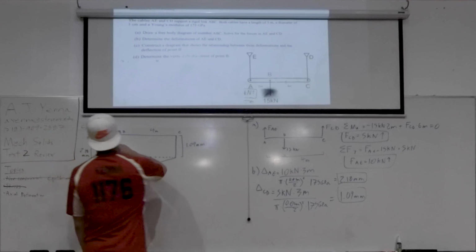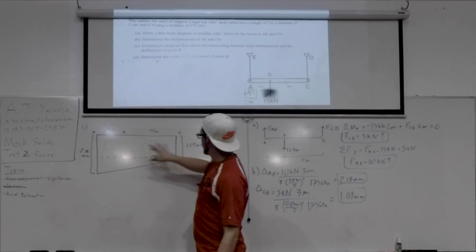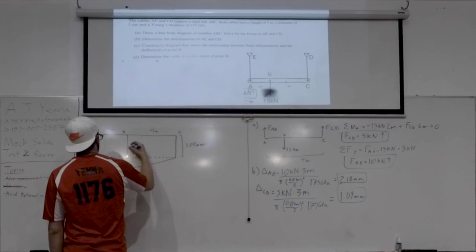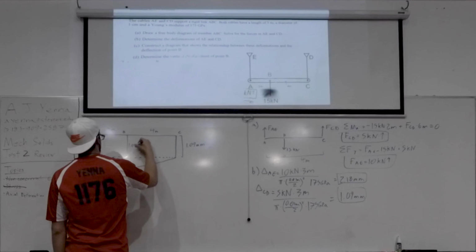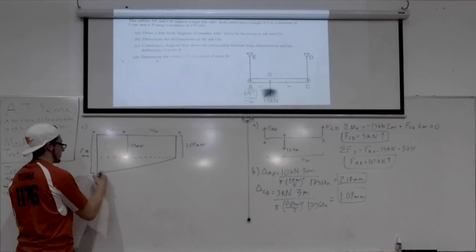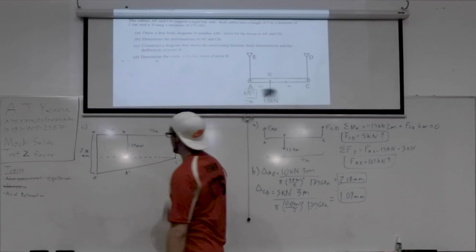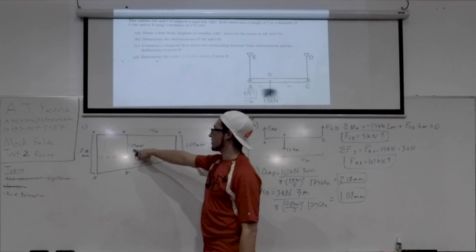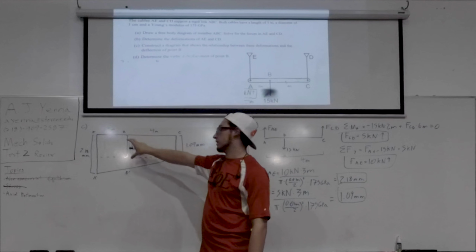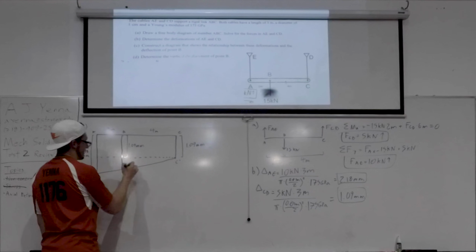For part B, to get from here to this line is the same 1.09 millimeters. Just for sanity, down here we'll call this A prime, that's the new point, B prime, C prime. This guy moved down more than 1.09 millimeters, but we know this length to start. So the actual displacement of B is this.